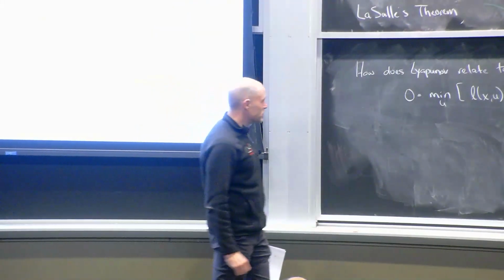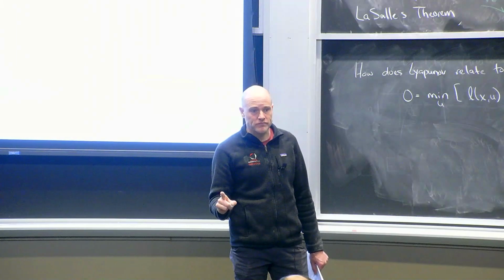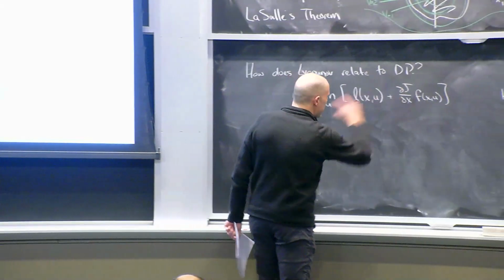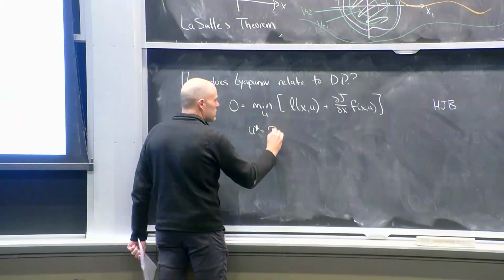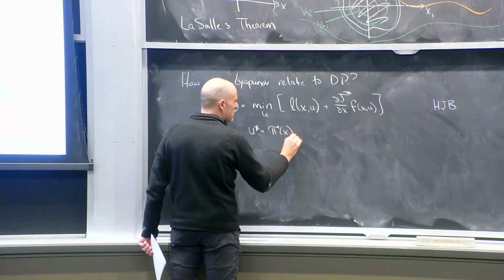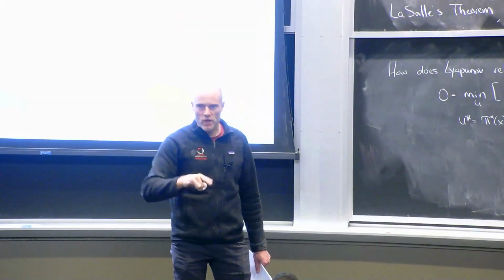Let's unpack that a little bit. So first of all, the Lyapunov is not for systems with inputs, right? So let me examine this system for this star here, okay? Let's plug in the optimal controller into this so that we have a closed loop system.